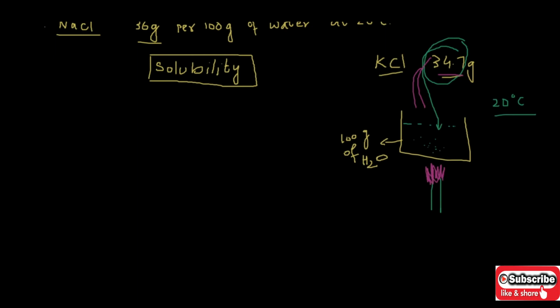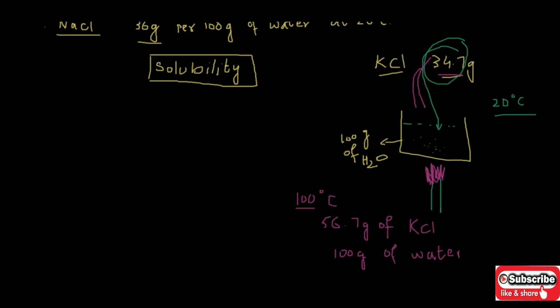You will observe that once the temperature reaches 100 degrees centigrade, 56.7 gram of potassium chloride is dissolved in 100 gram of water.